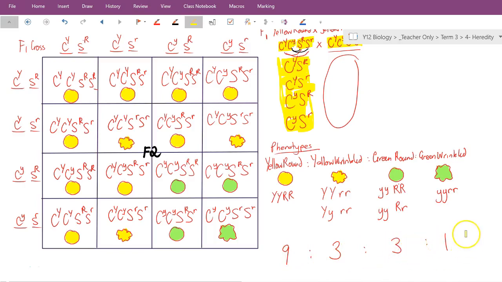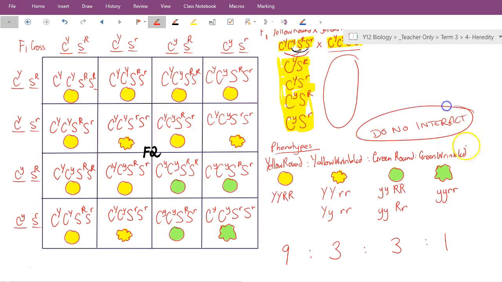That's the mathematical pattern you get when you have 2 traits on a dihybrid cross that do not interact with each other. Okay? When they do not interact, when they don't affect each other, you always end up getting that mathematical pattern there, 9 to 3 to 3 to 1.